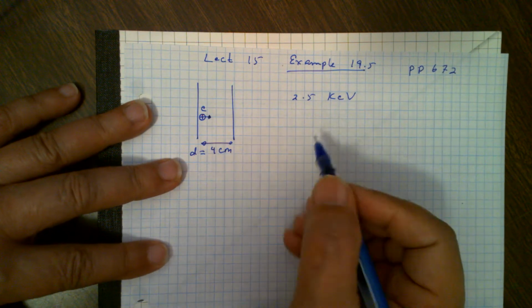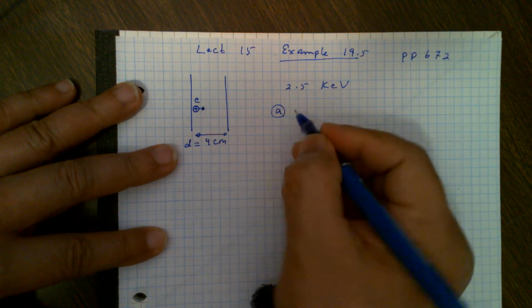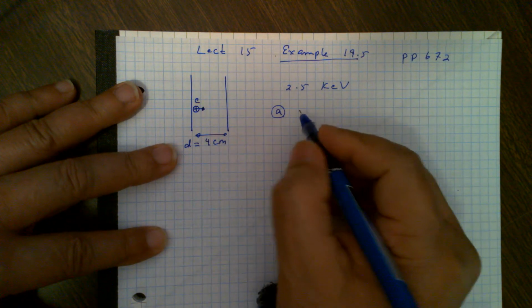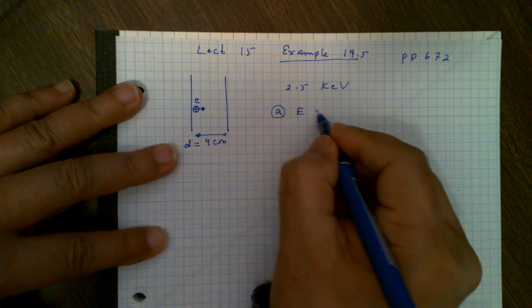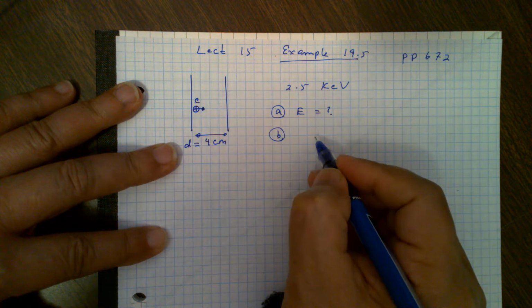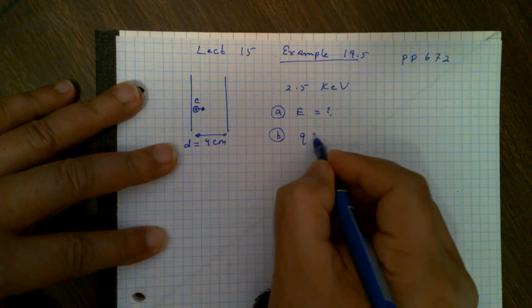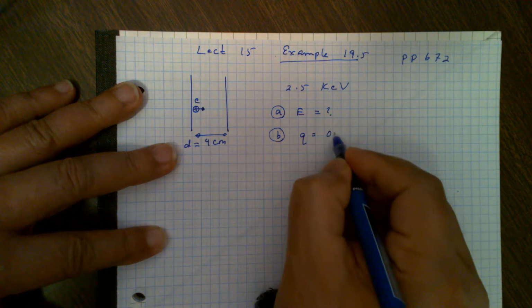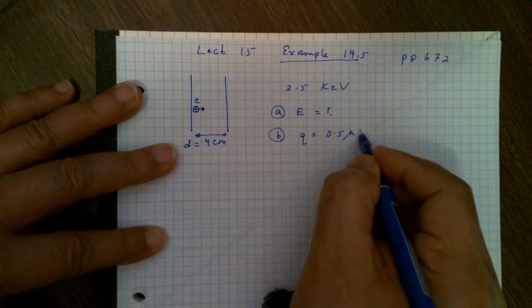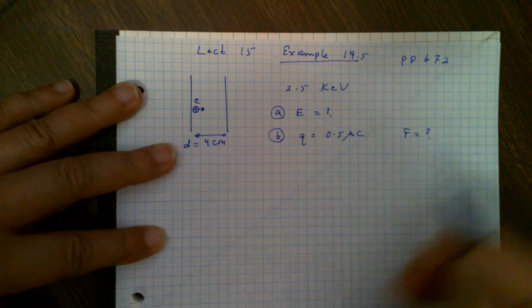Okay? So the question is, A, what is the electric field E between the plates? And B, they want to know if there is a charge Q equal to 0.5 microcoulomb, what would be the force on that charged particle?